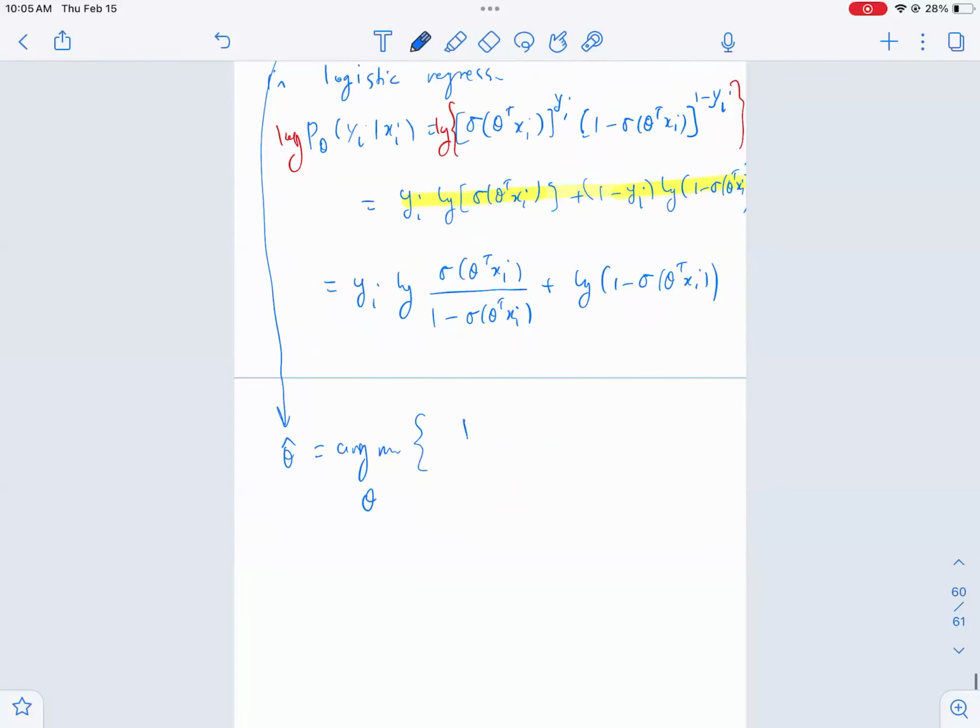I can write it as the sum from i from 1 to n of L BCE of yi and g theta of xi. That's one version, where L BCE takes a y and takes a p and just outputs minus y log p plus 1 minus y.